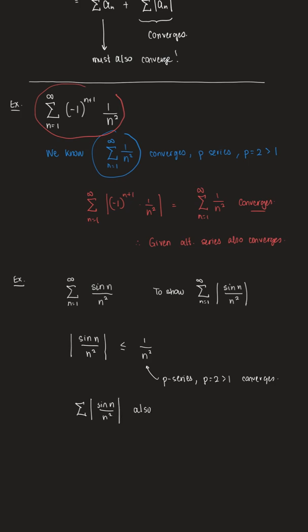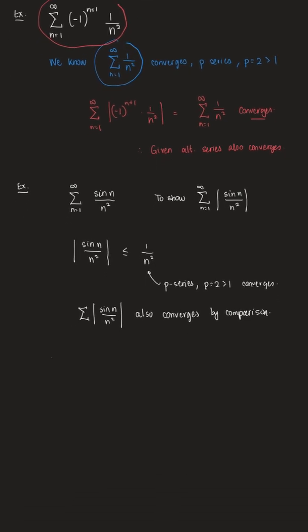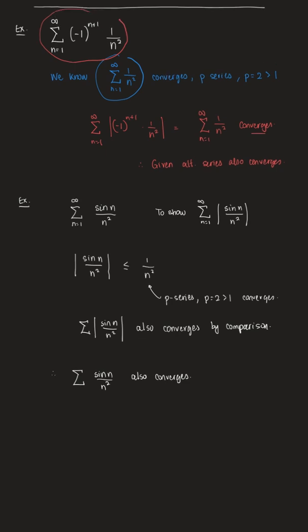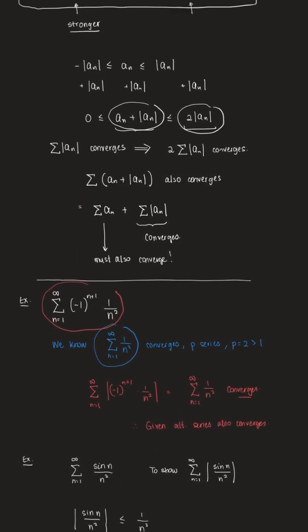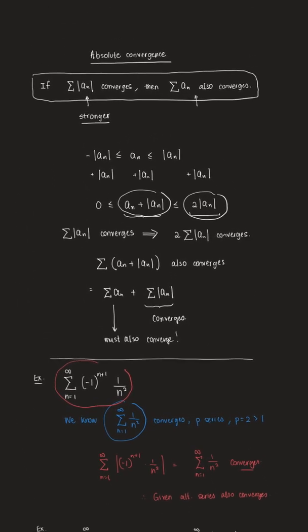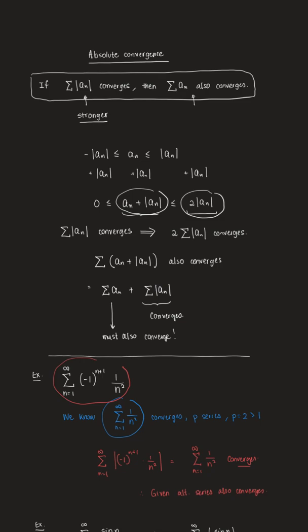And so since the series converges in absolute value, we can say that our original series, which did not have absolute value, will also converge. So basically, convergence with absolute value is the strongest kind of convergence. That is what this short video has been about: an important theorem that if a series, when we take all its terms in absolute value, converges, then when you take the absolute value out, it will also converge.